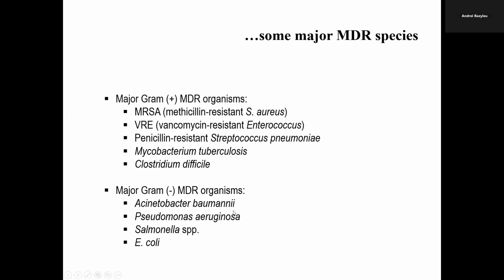Major gram negatives, MDRs, just four you need to memorize. Acinetobacter baumannii. By itself, this bacteria is not the most dangerous one. I mean, there are species that are capable of causing lethal outcomes because of their resistance, absolutely. But they're also very well known for being, you can think of it as, banks for resistance for other species.